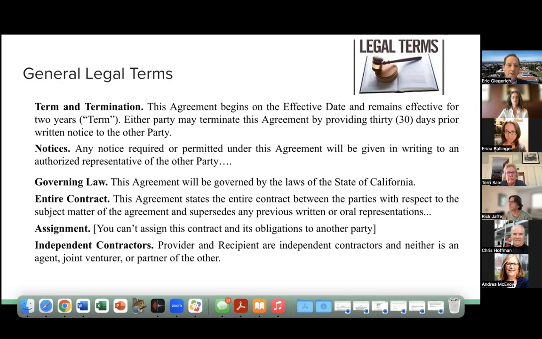We're a public institution. I'm telling you this because this may affect your data use agreement.